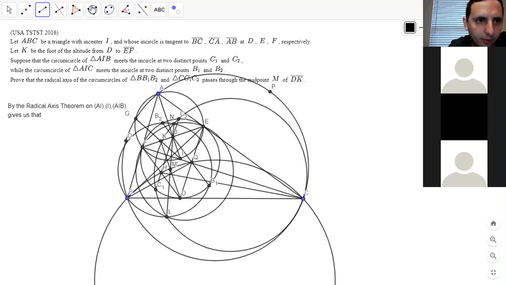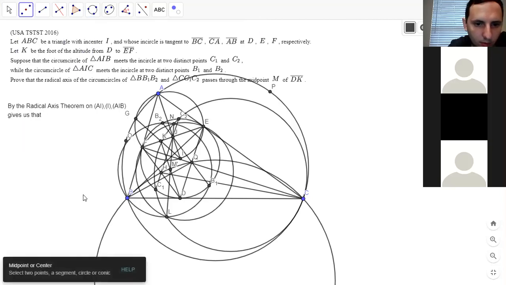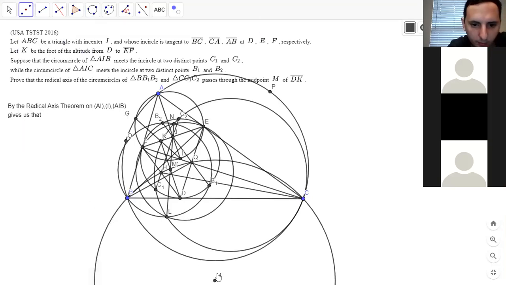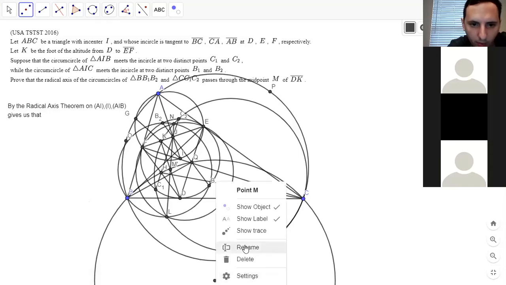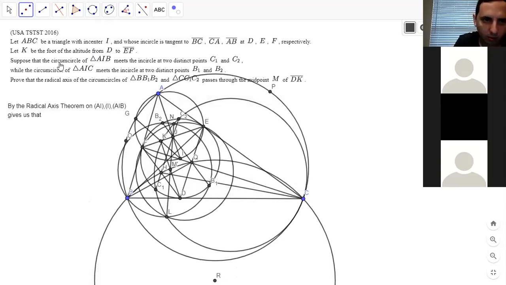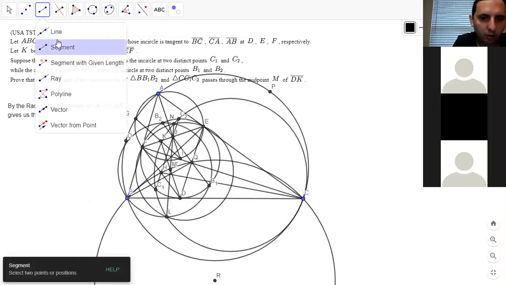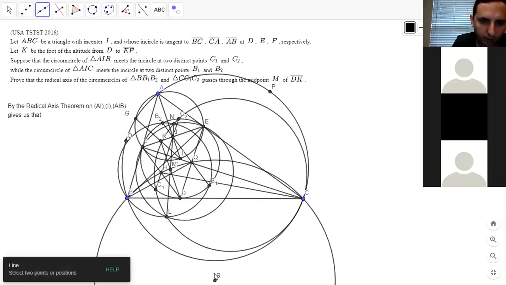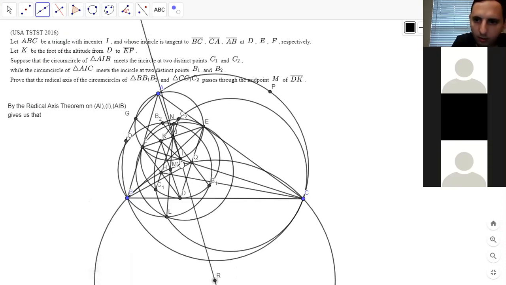Yeah, I'll label the center of it. So it's point M, I'll just call it R. And then maybe, I don't know if R lies on AI. MD also passes through the intersection.